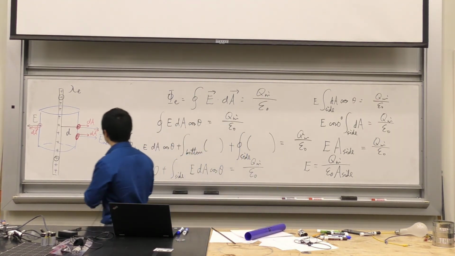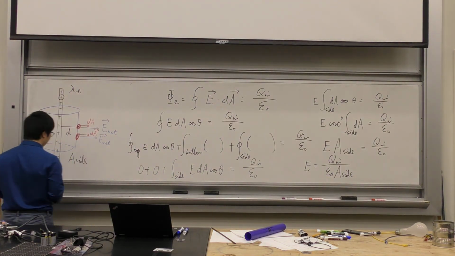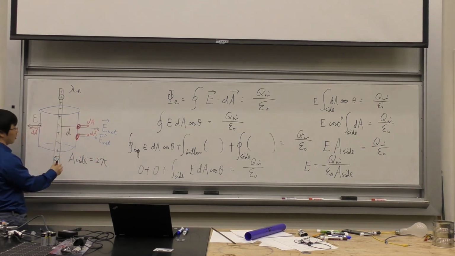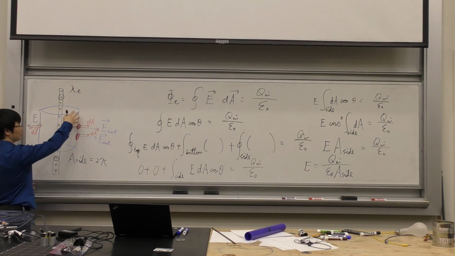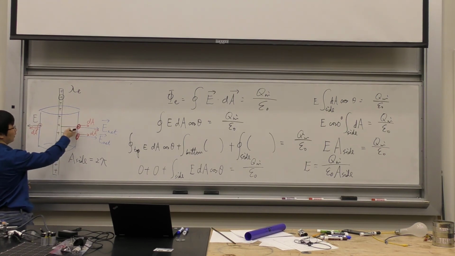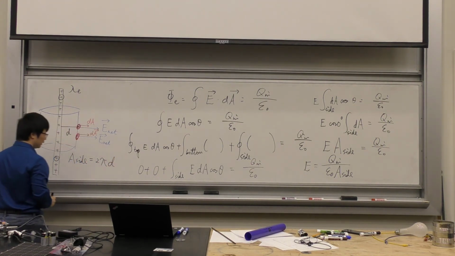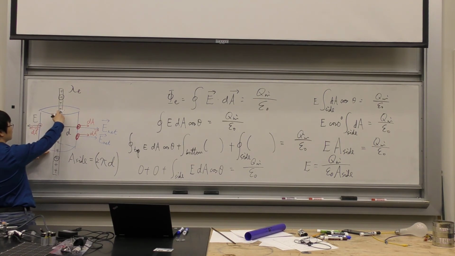So in this case, the area of the curved side is going to be 2 pi r. What is r? Well, it's going to be this radius, right? Because I want to put this point on this curved side. So apparently, this is going to be the radius of the cylinder. And then this is the length times the width, which is the height of this guy. So the height of this guy, let's call it h.